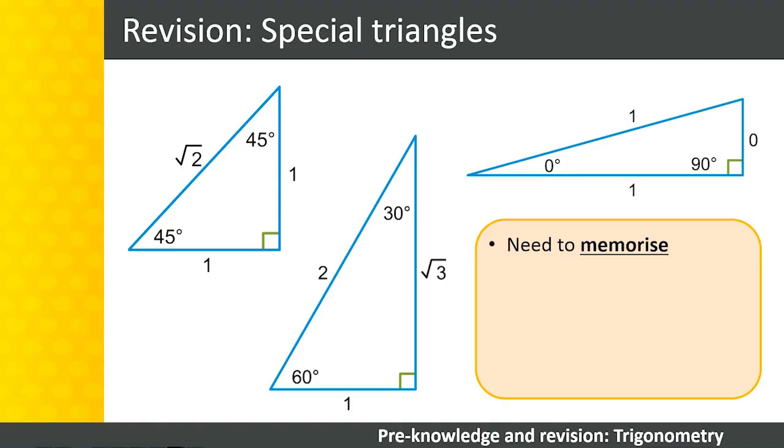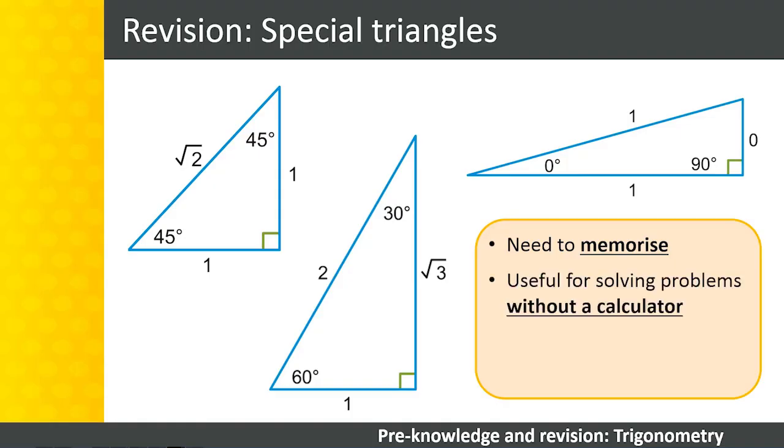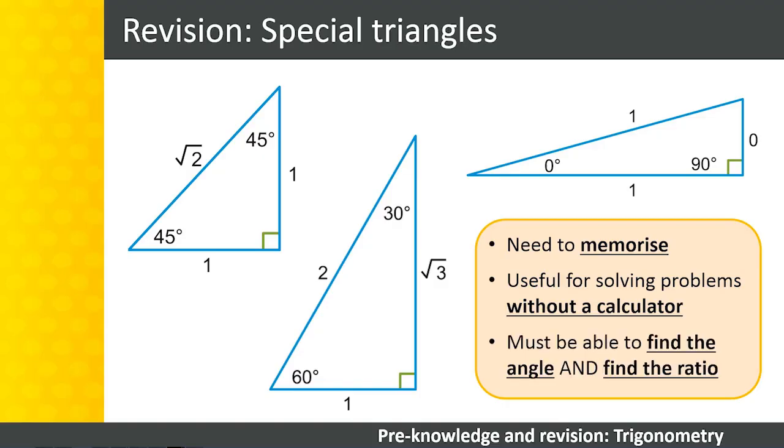They are useful when students need to solve equations or evaluate a function without using a calculator. The question often states to leave the answer in surd form. Students need to be able to find the angle given the ratio and find the ratio given the angle. There are situations where students must simplify expressions using identities such that the whole expression is written in terms of one or more of these special angles.